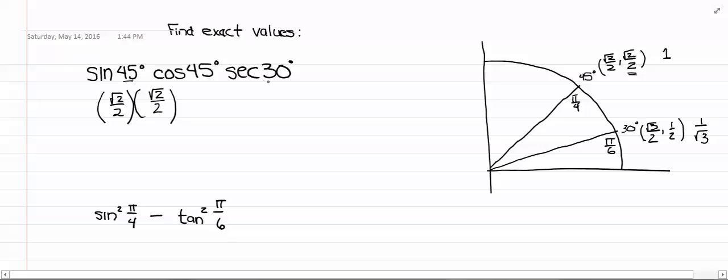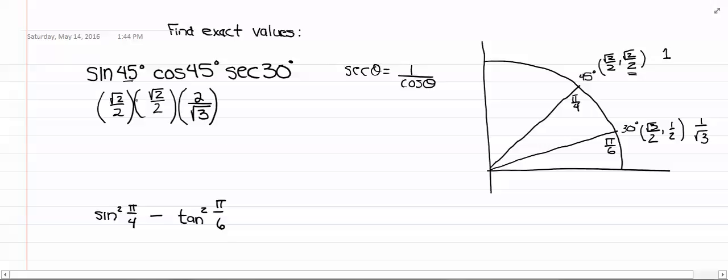Secant 30 degrees. Secant, remember, is the reciprocal of cosine. So if I come over here to 30 degrees, look for what the cosine value is, and then take the reciprocal of that, I would be multiplying by 2 over radical 3. And now it's a matter of multiplying.